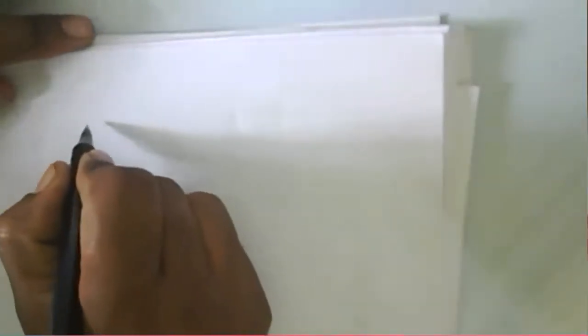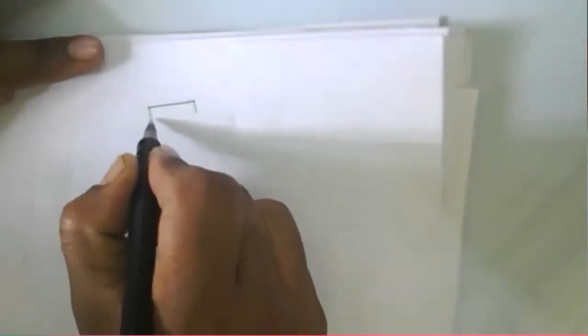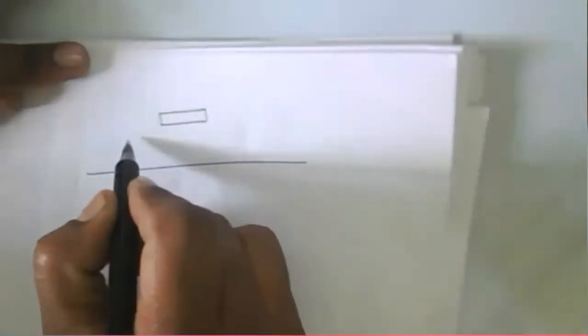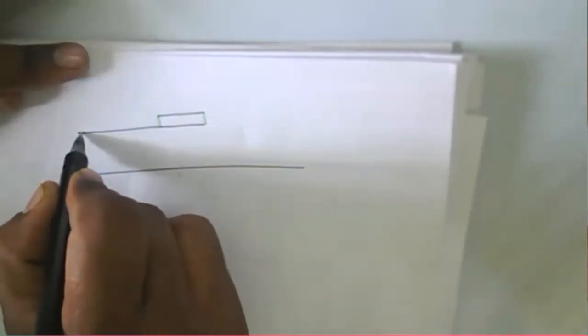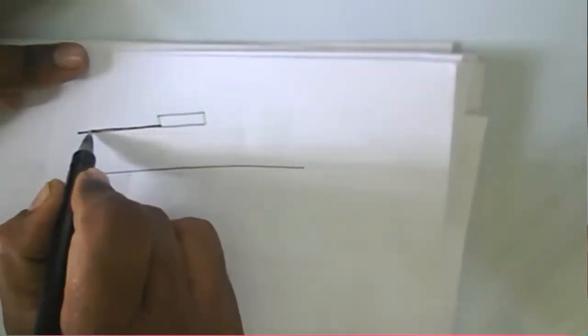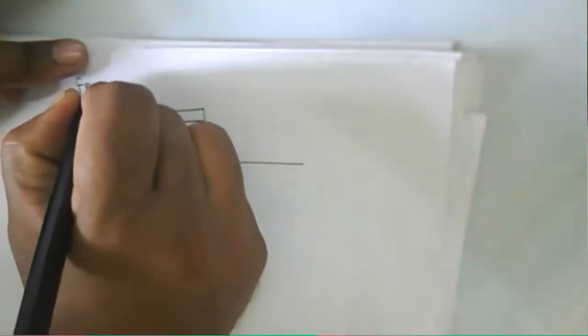It looks like this: we have this particular patch, and below that there is a substrate. If you consider a small section of a wire, that is nothing but the feeding, or the input feed.